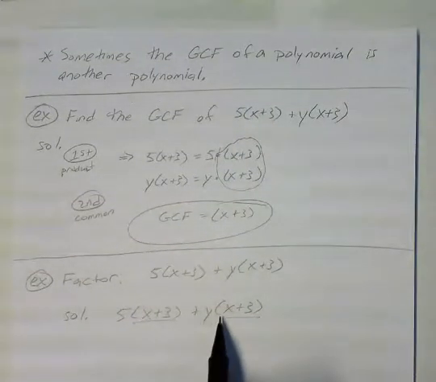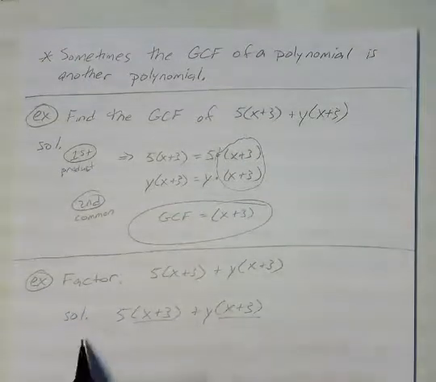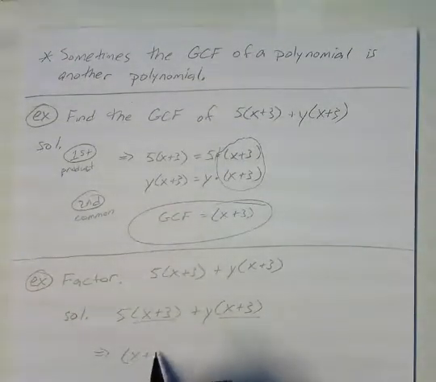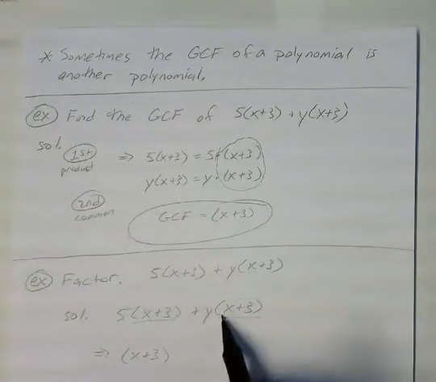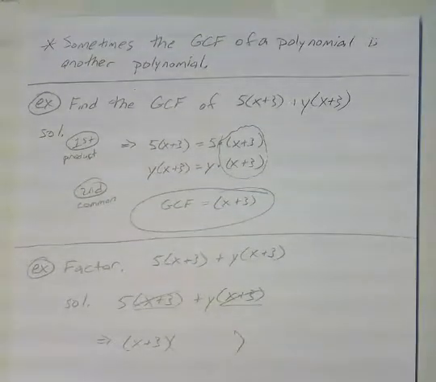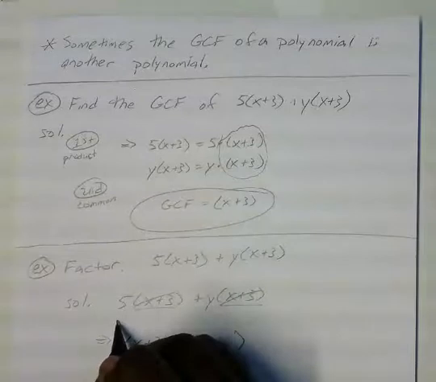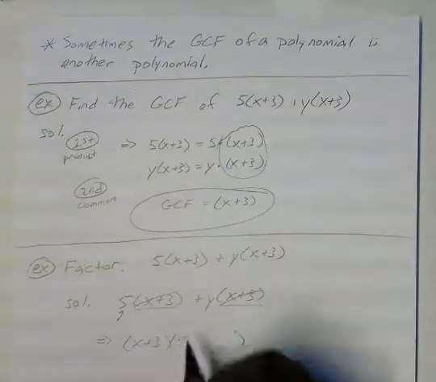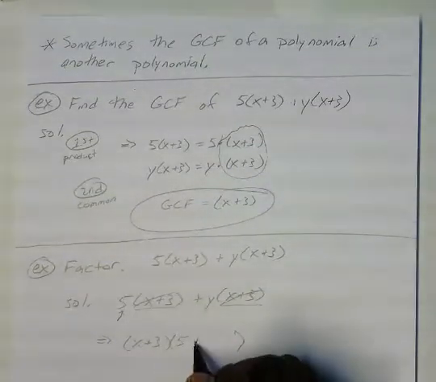So remember, when you're factoring, you get your common factor and move it to the front. So you have (x + 3). Since you've already factored those out, you just move those out to the front of your blank parentheses, and whatever is left goes inside the second parentheses. So here you have a 5 left, and you have plus y left.